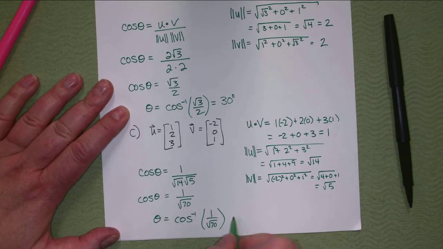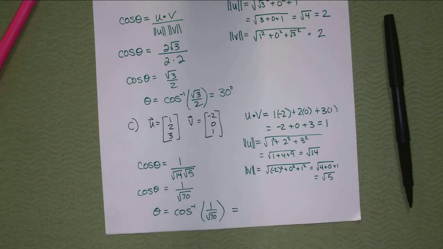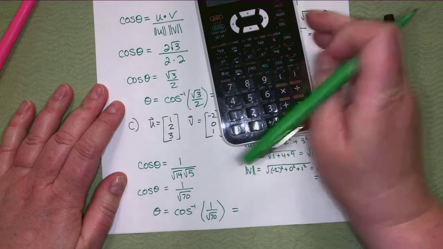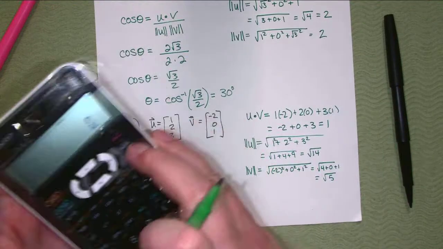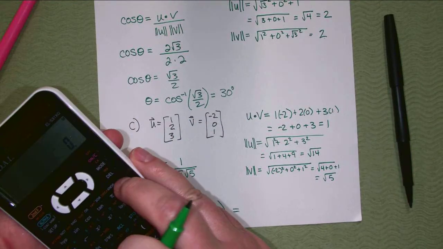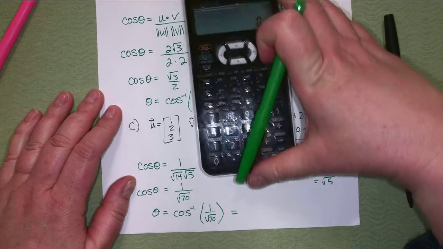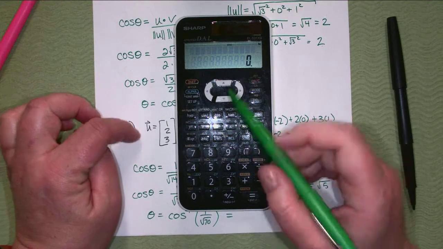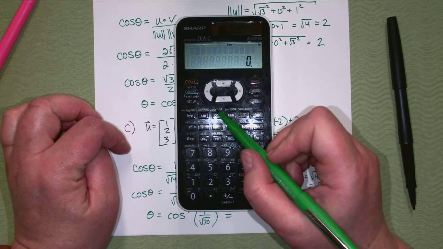And let's see. I don't even have it in degrees. Where do I switch that there? On my calculator, the cos is in orange, the cos inverse is on top of the cos button.